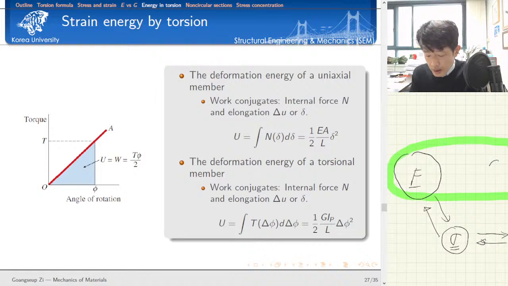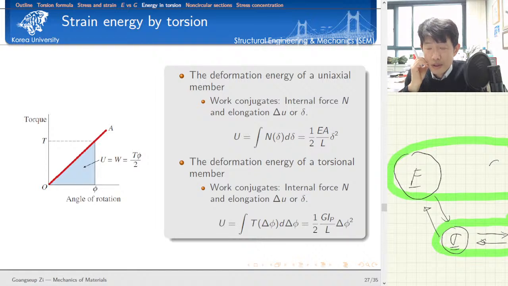Another work pair at the material point level is stress and strain. That's why we always consider the proper set of energy pair. If you consider the external force, the proper energy conjugate is the external displacement, displacement measured at the nodal points. And if you want to consider the material point level, then you need to consider stress and strain as the energy pair.